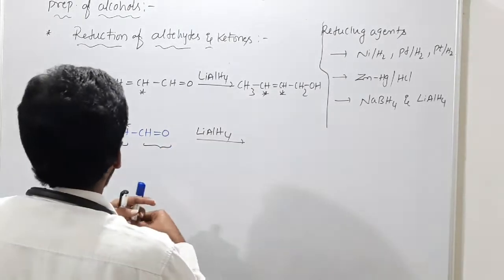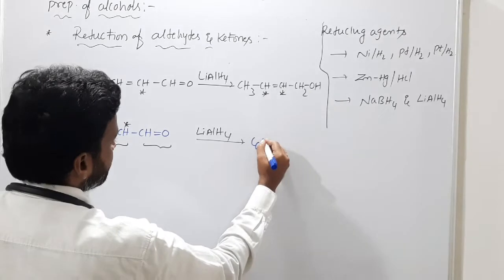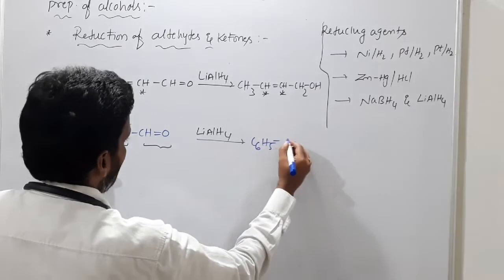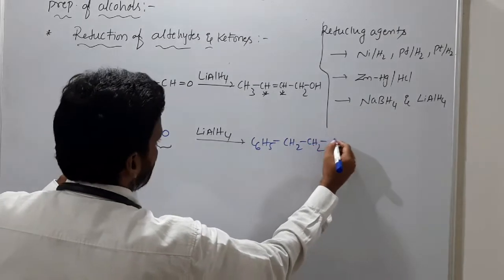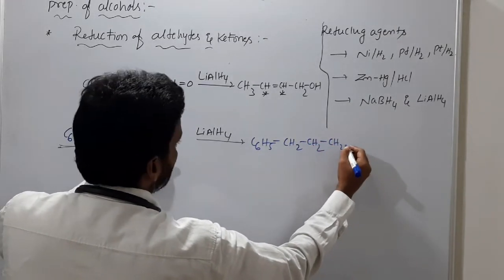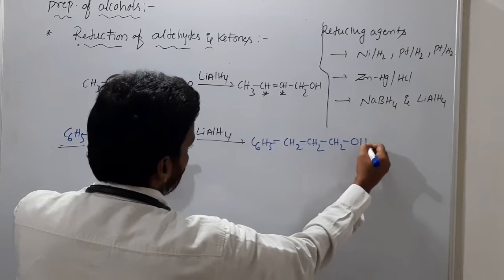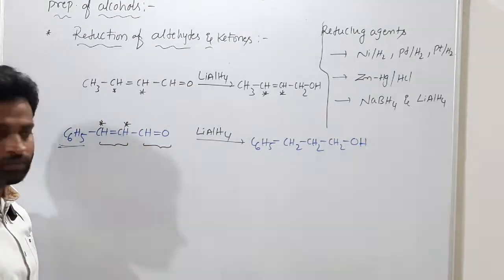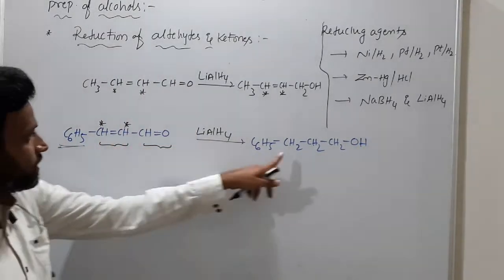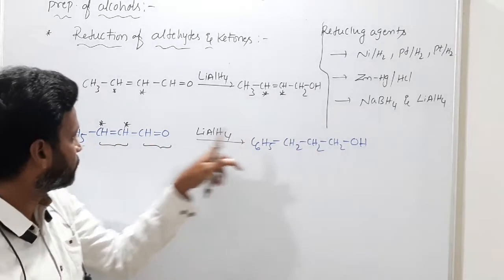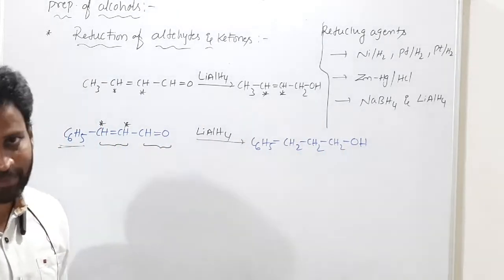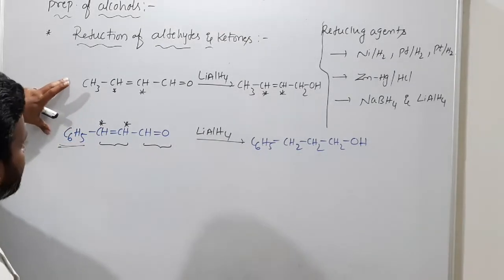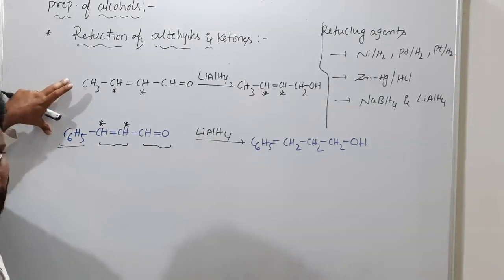Certainly our final product is now C6H5, CH2, CH2 and CH2OH. Understanding? This becomes CH2, this becomes CH2 and CH2OH. Reduction happened. See the difference between these two reactions so that you can have clarity.